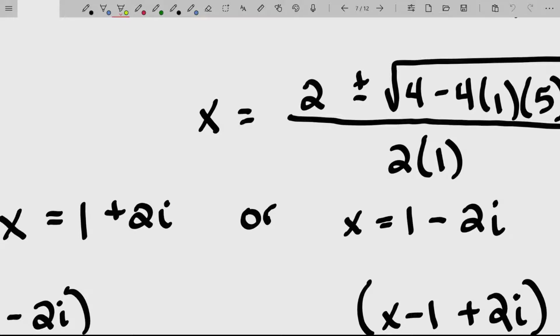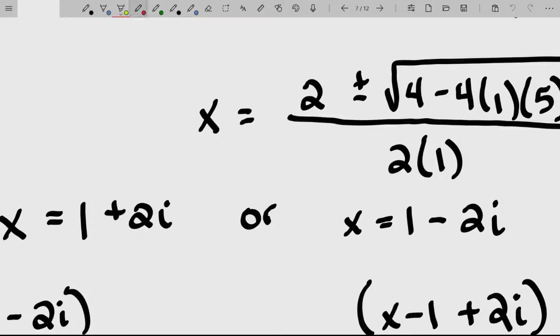Honestly, this just comes from the fact that when you reduce down using synthetic division, you eventually get to quadratics. And when you use the quadratic formula, it's negative b plus or minus the square root of the discriminant over 2a.